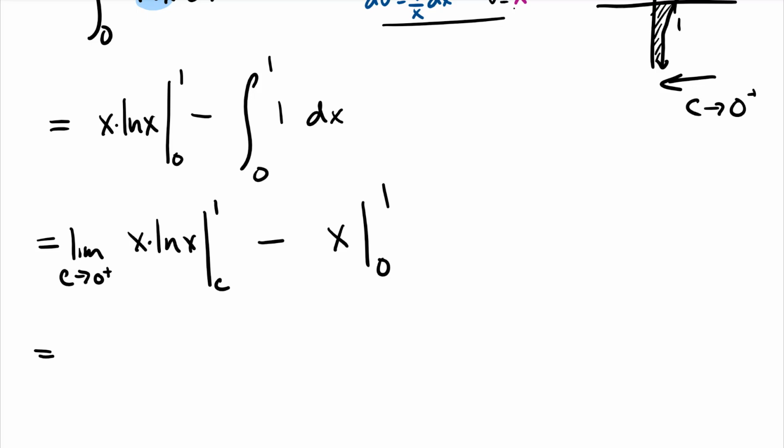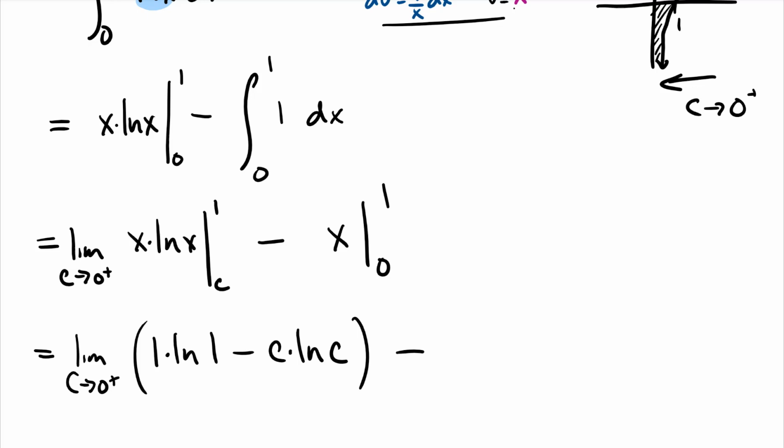Let's check it out. So it's the limit as c tends towards 0 from the right-hand side of 1 times the natural log of 1, minus c times the natural log of c, minus 1 minus 0.